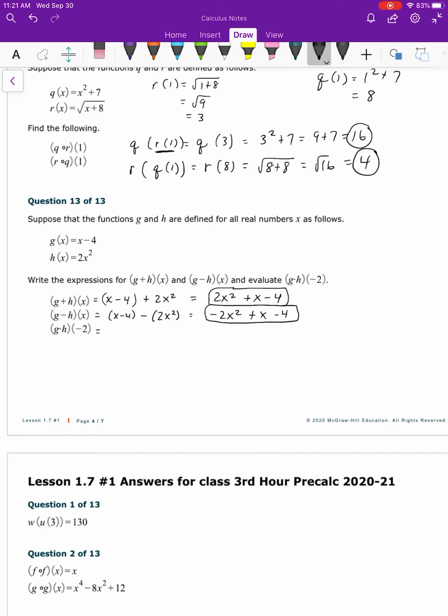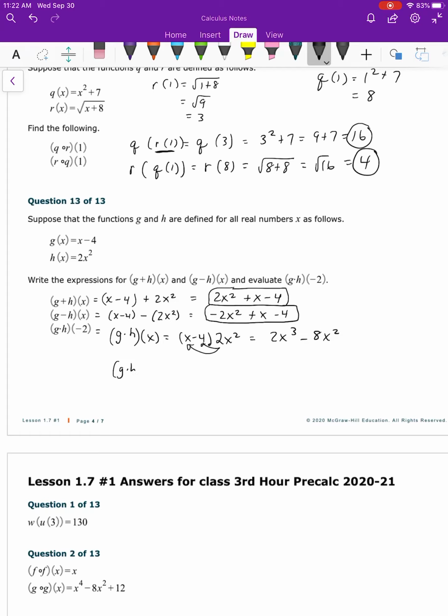And then G times H of negative 2, I'm going to do G times H of x, which is going to be my x minus 4 times 2x squared. And I can even simplify that if I wanted to. I could say that's 2x cubed minus 8x squared, right, if I simplified it.